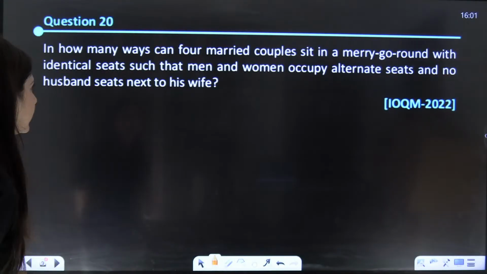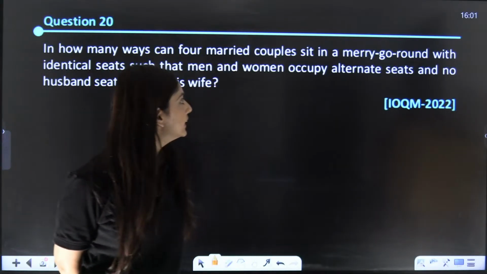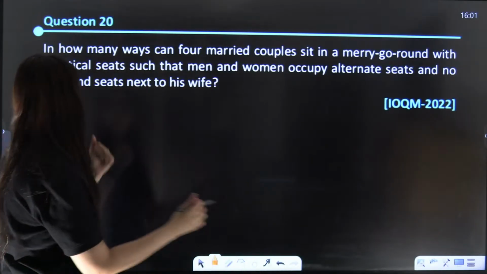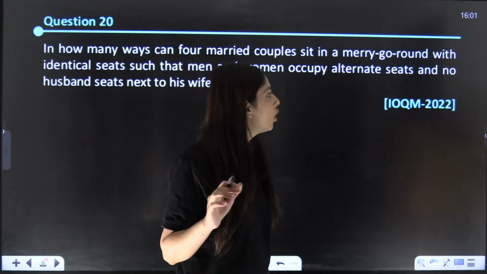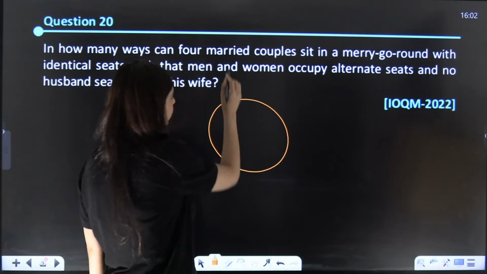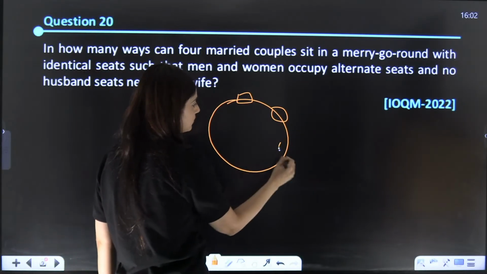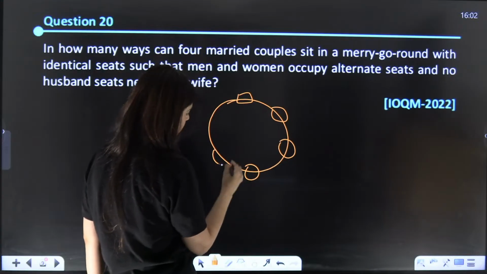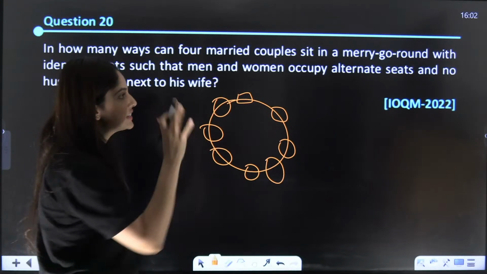Okay, another one. 4 married couples that we have to arrange. They are sitting in a merry-go-round with identical seats such that men and women occupy alternate seats. So there's a merry-go-round with 4 married couples, so 8 seats. 8 identical seats.